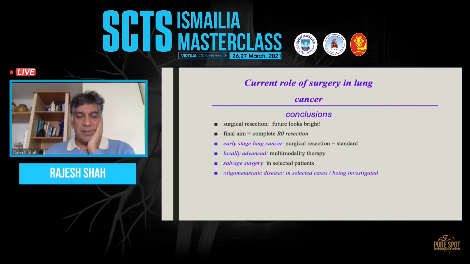Locally advanced lung cancer is multimodality treatment with surgery forming central in some of these patients, salvage surgery in selected group of patients. And as I said, oligometastatic disease is considered in very highly selected group of patients with single metastasis, and is something which will be looked at more carefully in the future.